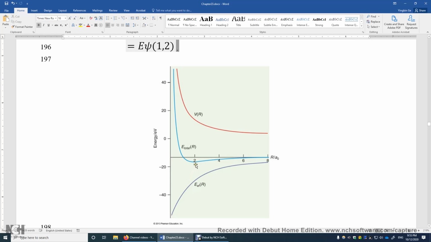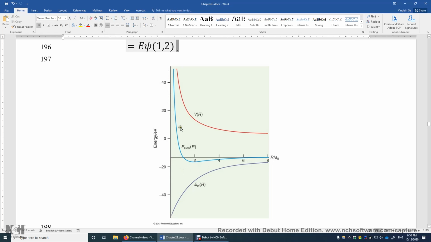So I think when the distance is roughly 1.8 atomic units, the energy of the H2 molecule reaches the minimum. When the distance is infinity, of course, the total energy is 0.